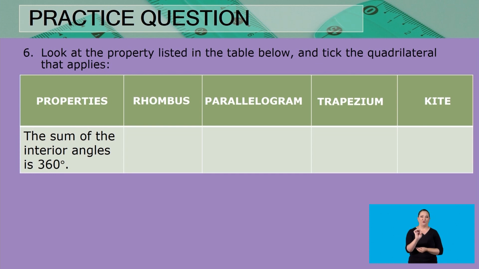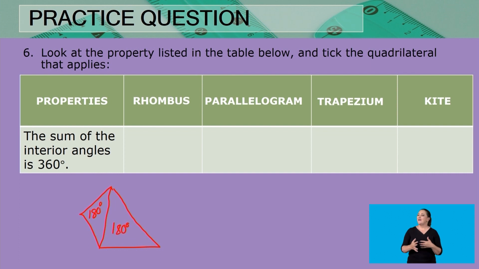Now, remember, when it comes to any quadrilateral, if we were to cut this quadrilateral in two, from one vertex to another vertex, it will create two triangles. And what do we know about the interior angles of a triangle? We know that they give us 180 degrees.